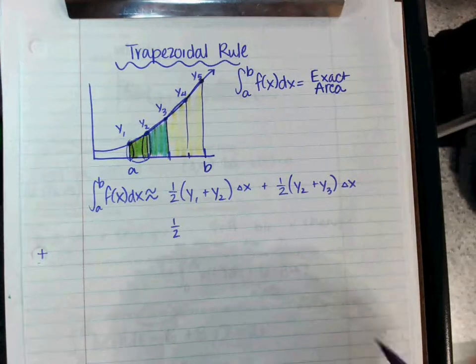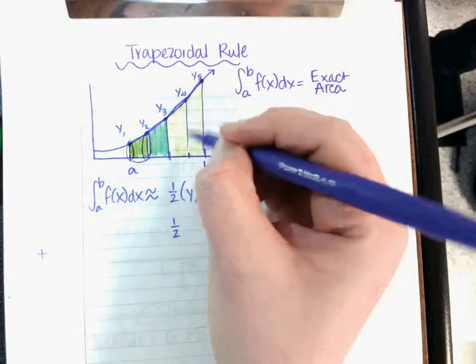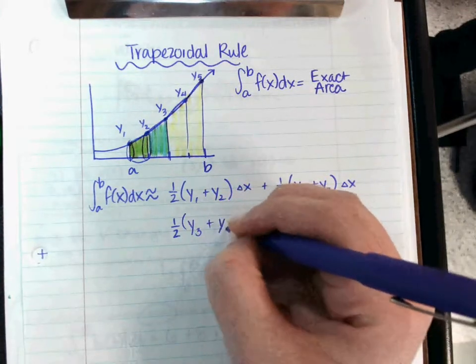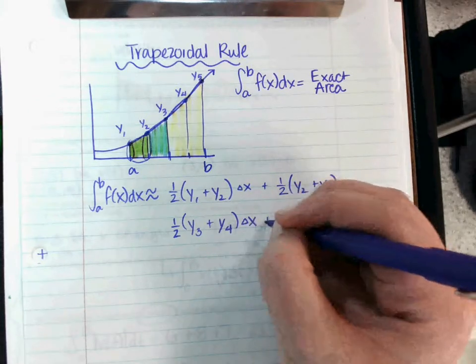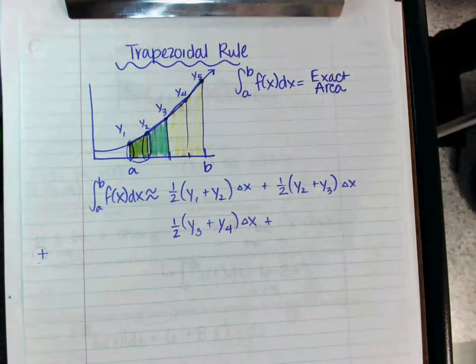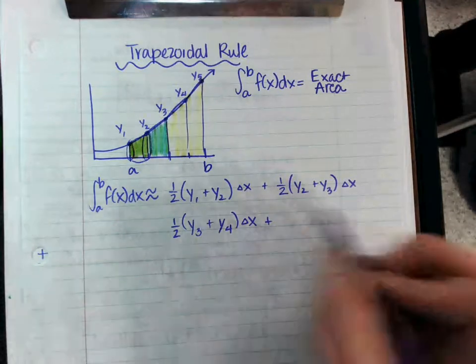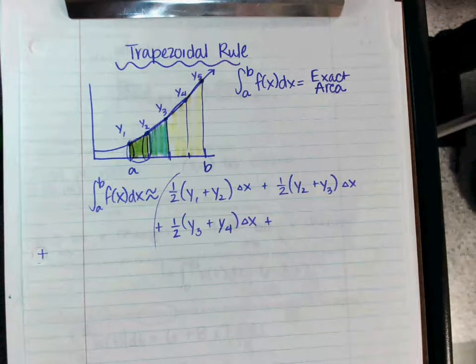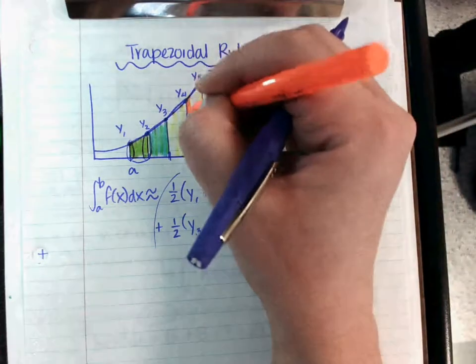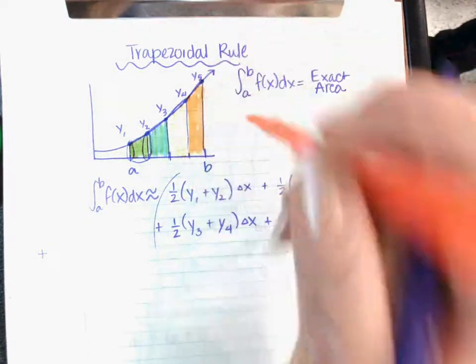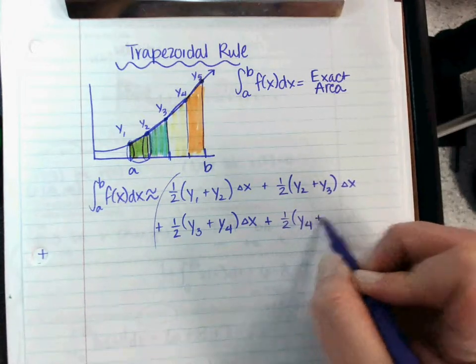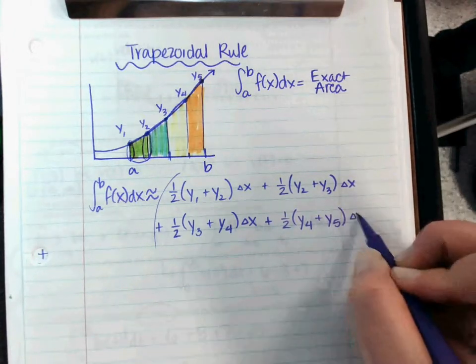What is my third trapezoid? This one here. y3 and y4 are my y value bases, times delta x, plus. These are just continuing to be added. All of this would be your answer. And then for the last one here, we'll do it in orange. What would the area be for that one? 1/2 y4 plus y5, and then delta x.